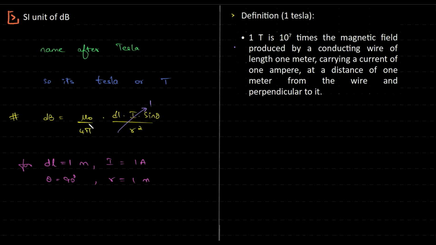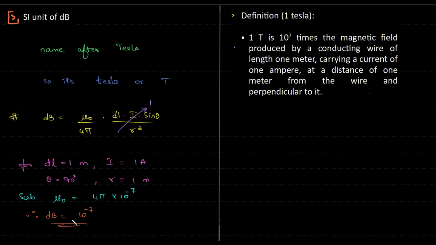So you're left with mu naught over 4 pi. Let's substitute mu naught, which is nothing but 4 pi into 10 to the power of minus 7. Right, guys? So what will happen to dB? dB will be equal to 10 to the power of minus 7.